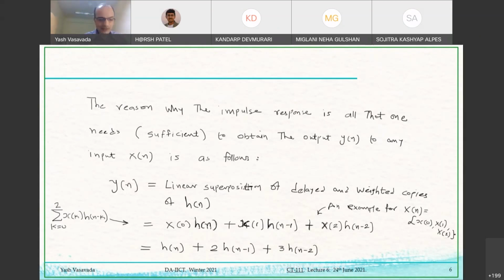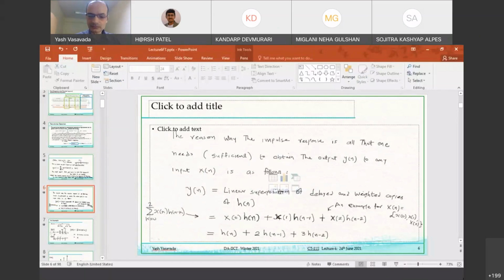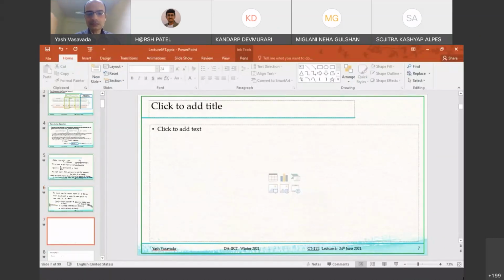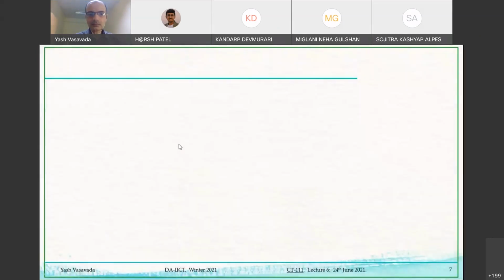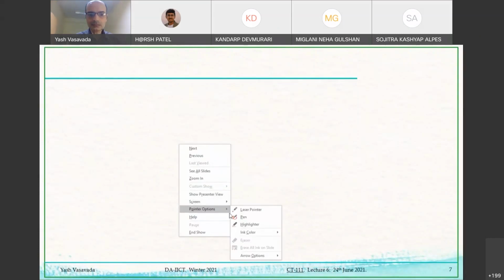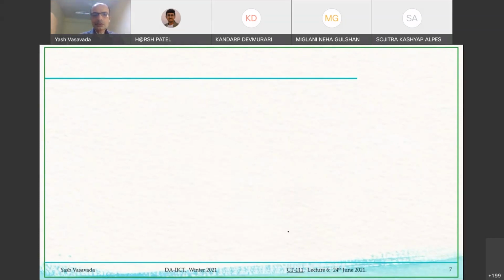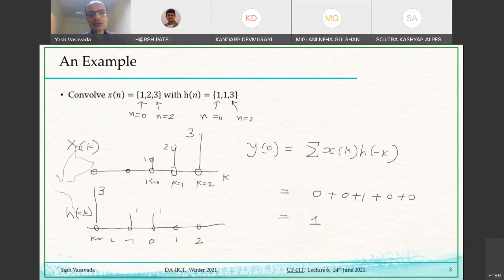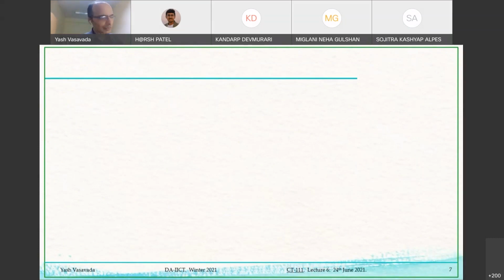Okay, so maybe we will take this example forward, and one more thing we'll do. So see, h of n is 1, 1, 3, right? Impulse response is 1, 1, 3 in this example. So I can actually compute y of n in this manner.